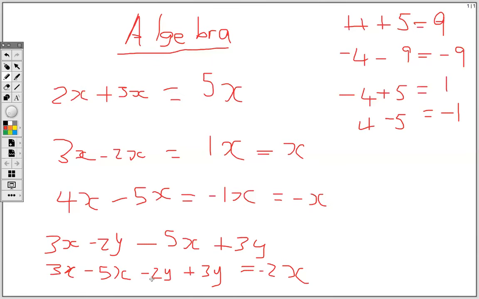I have minus 2 and I have positive 3. So 3 is a bigger number, so it's going to be a positive value that we're going to have here. So write the positive and the variable. So I have minus 2 plus 3. It means I'm going to subtract, so 3 take away 2, I'm left with 1.